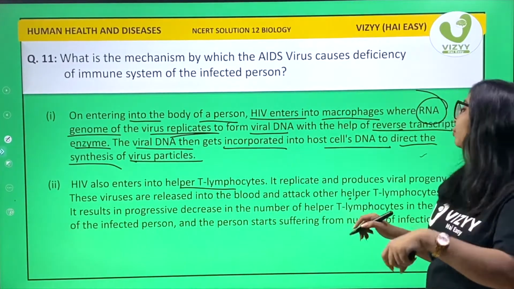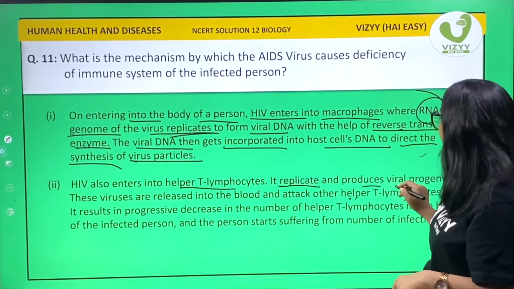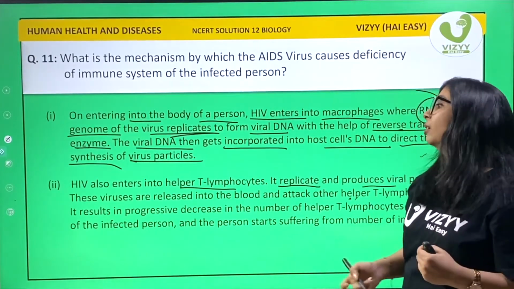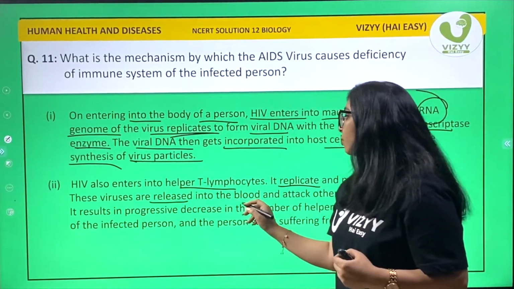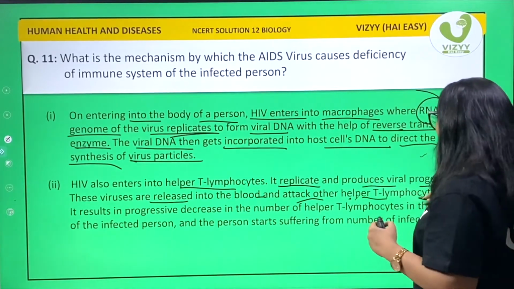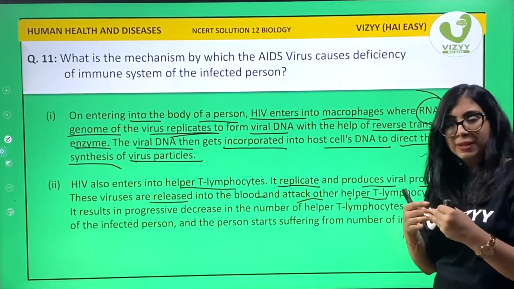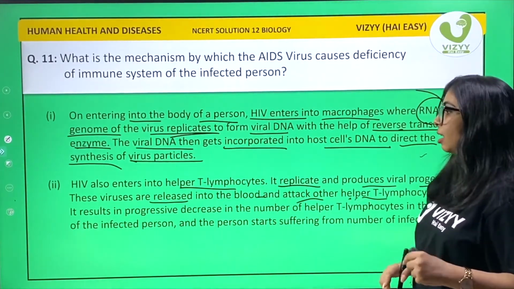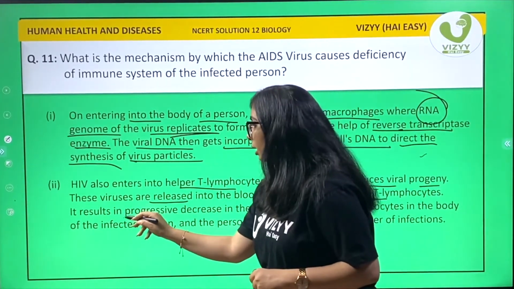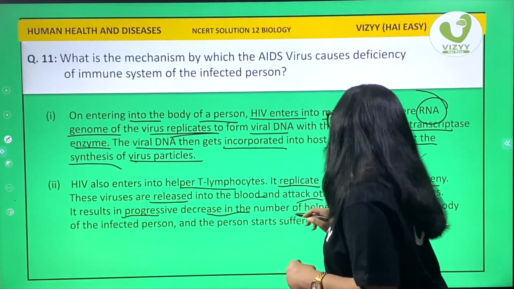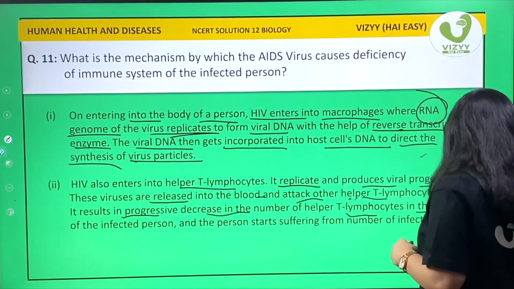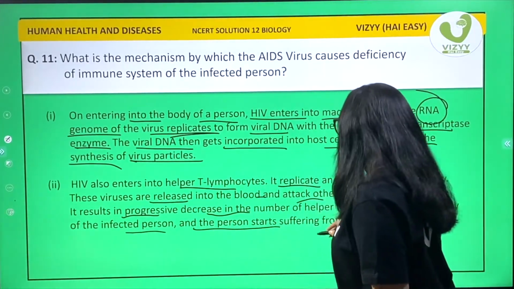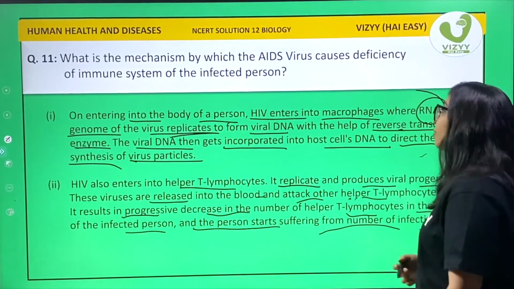Now here in T lymphocyte, it starts replicating and produces viral progeny. Seeing the irony? These viruses are then released into the bloodstream and attack the other T helper cells. So normal T helper cells are weaker in front of these cells, and as a result, there is a progressive decrease in the number of T helper cells in the body of the infected person, and the person starts suffering from a number of infections.